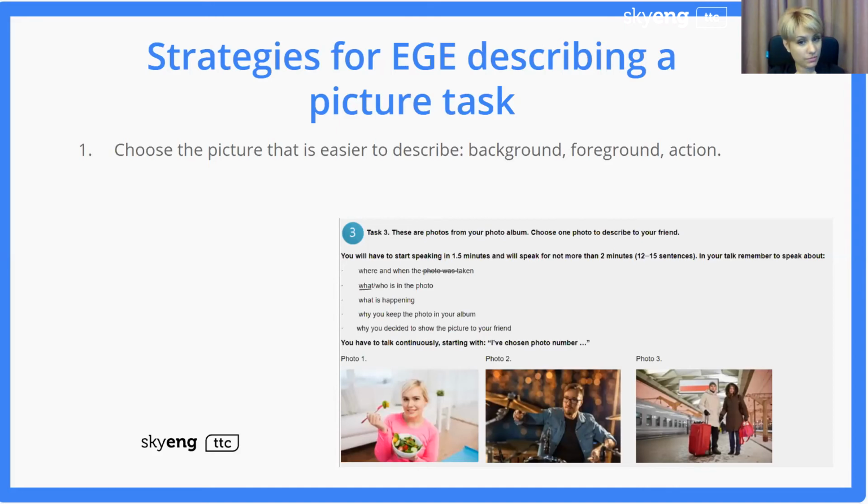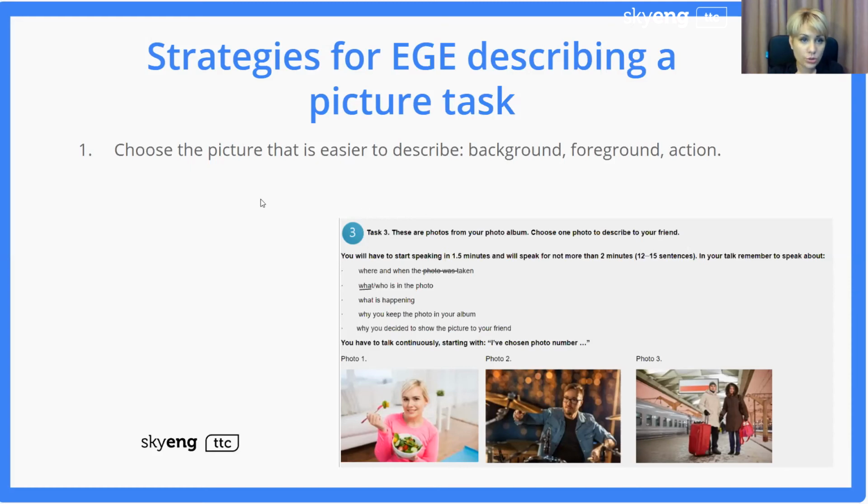Like okay, in the first picture, we can see the background and we can describe it. In the foreground, there is a lady, so there is some action, she is eating, so it is easier to describe than the third picture, for example, where there are just two people standing in the railway station.